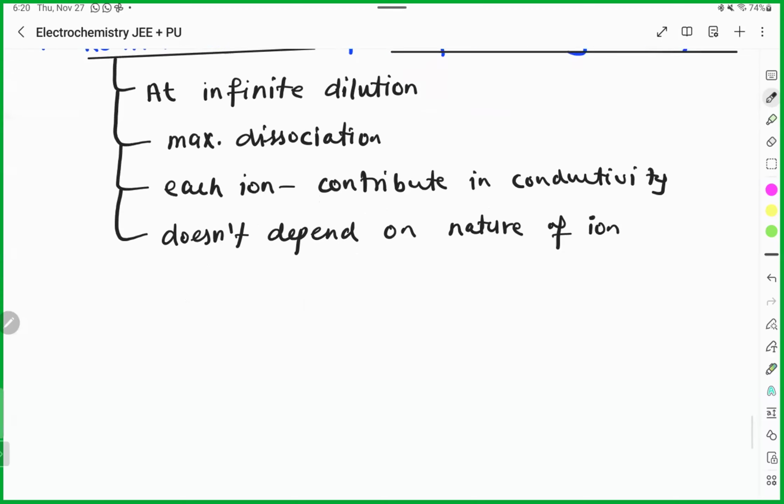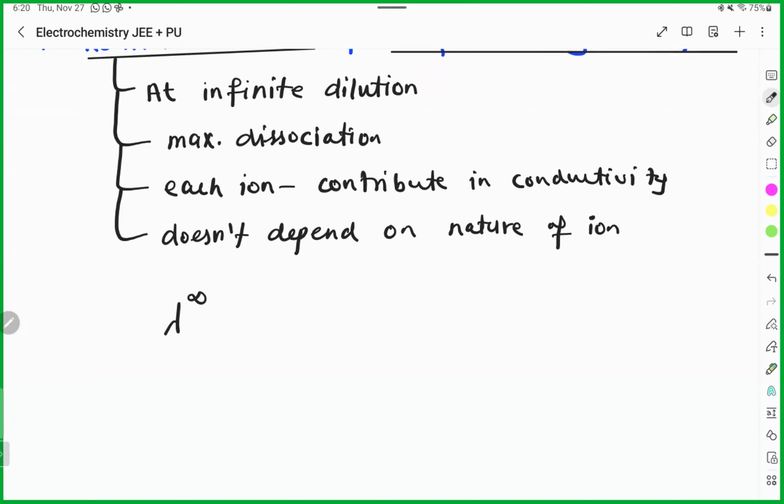Understood? Sir, is this for the weak electrolytes, of course? Yes. We use this for weak electrolytes because at infinite dilution, a weak electrolyte will have the maximum molar conductivity. So what do you mean by maximum dissociation, sir? I didn't understand.